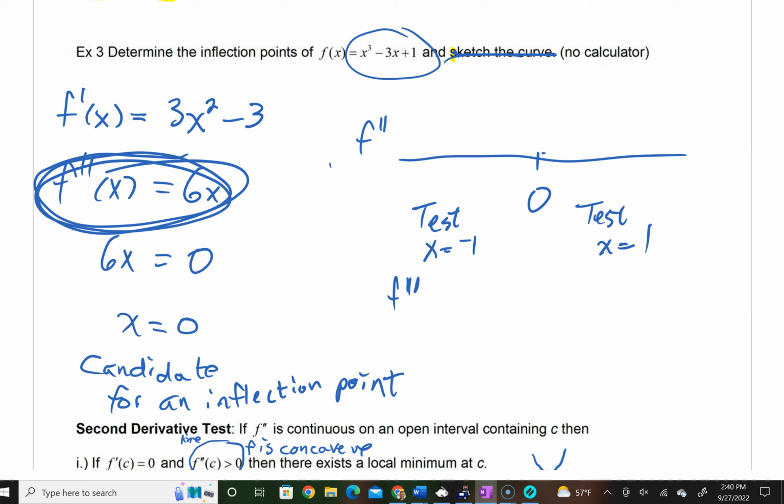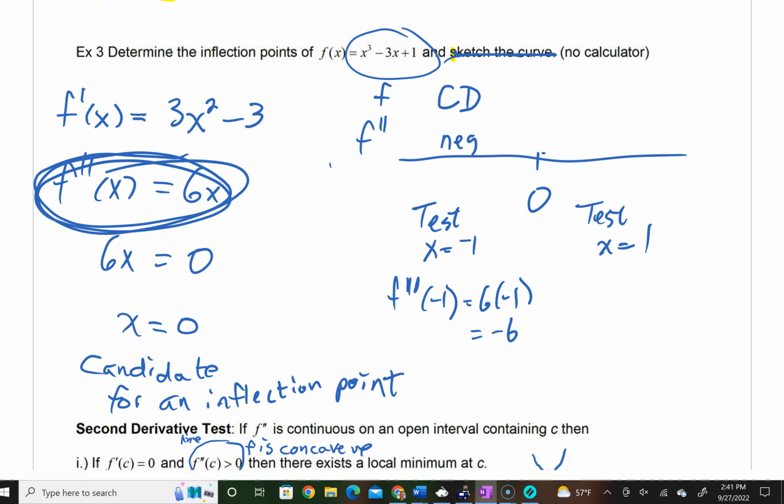F double prime of -1 is 6 times -1, which is -6. You've got a negative value. Tell me about f. F is concave down like a frown, everywhere from -infinity to 0.